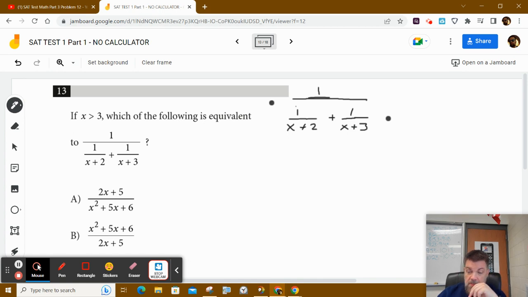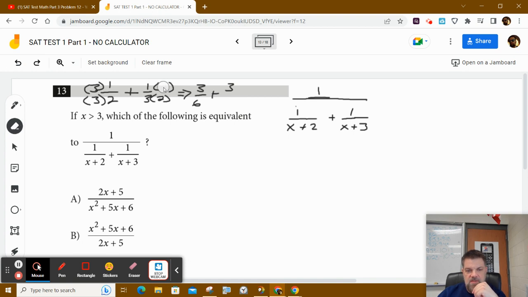And so, remember, for common denominators, if I have 1 over 2 plus 1 over 3, I can make the common denominator by multiplying the denominators by each other. And remembering, whatever I do on the top, I do on the bottom, right? And so that would give me 3 over 6 plus... Wait, I screwed up, you guys.